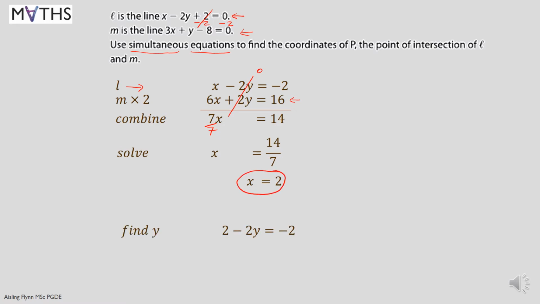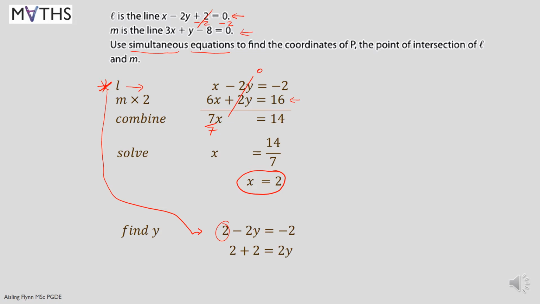Alright, and use that value then with either of your equations above. I've used this version of L. And instead of x now, you're going to put in 2. So 2 minus 2y equals minus 2. So some moving around.